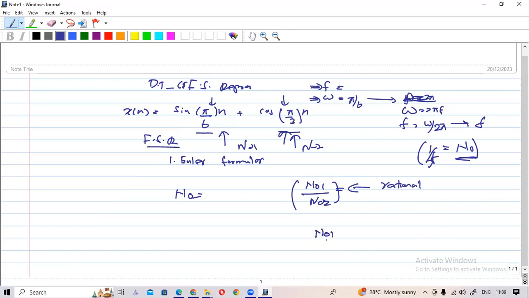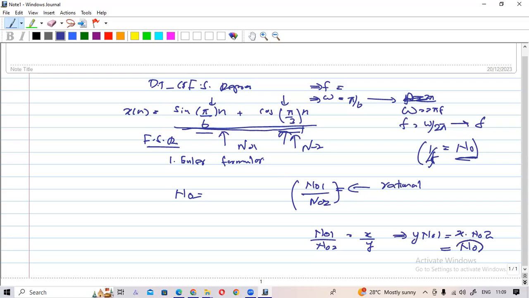For example, if n01 over n02 is equal to x divided by y, the overall period of the composite signal will be y into n01, which is equal to x into n02.